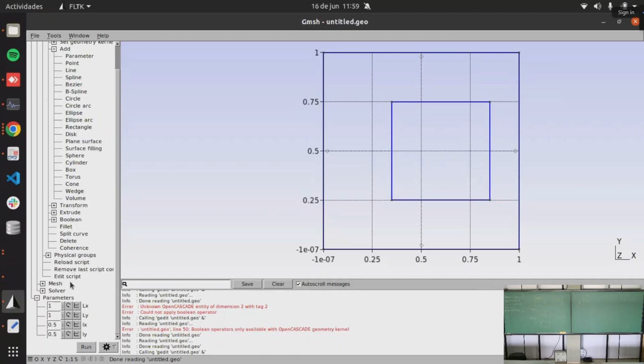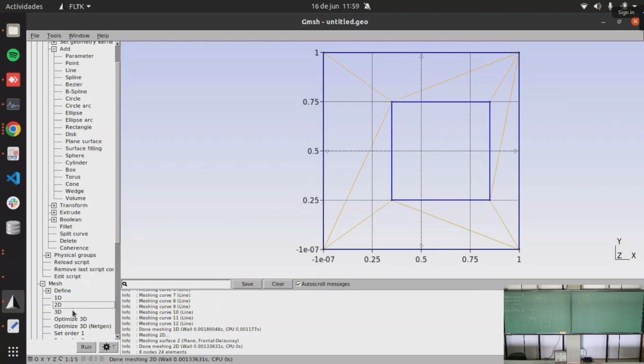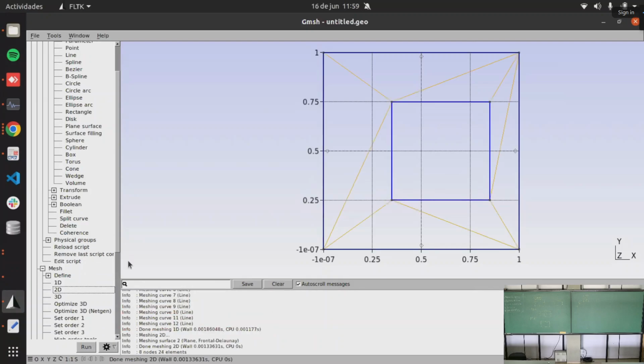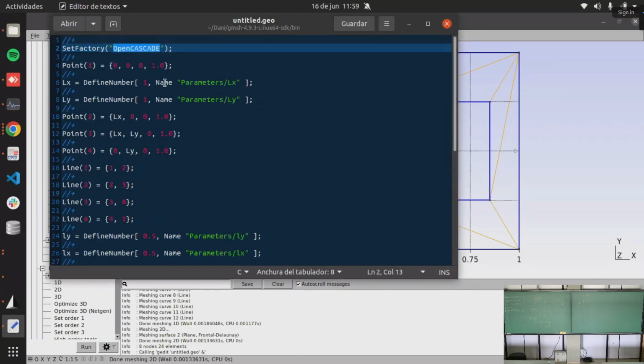And after that, we can see the mesh, if the mesh is what I want to do. We can also set the refinement points. In this case, we have the points with refinement 1, but we can change this.